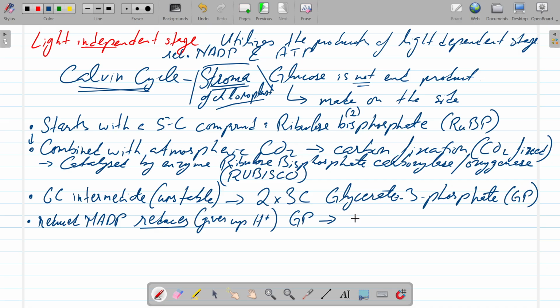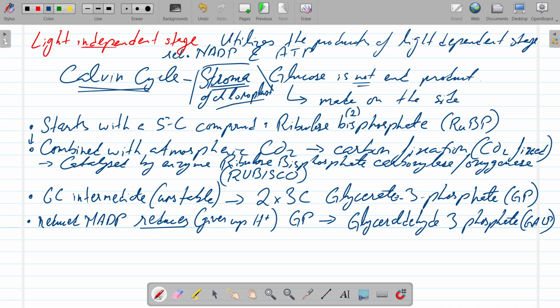This should be very familiar because we came across this compound in respiration. Also known as GALP. Ring a bell? Faintly, maybe? So you can go and check, it's there.